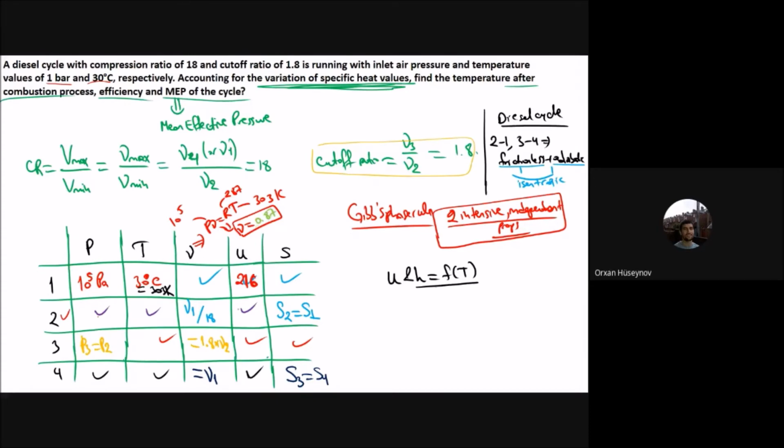So 0.87, and this one will be 0.87 divided by 18. And you will have that 0.04. So you have the nu 2 value, you have that temperature values, pressure values, you can find it from the ideal gas relationship.